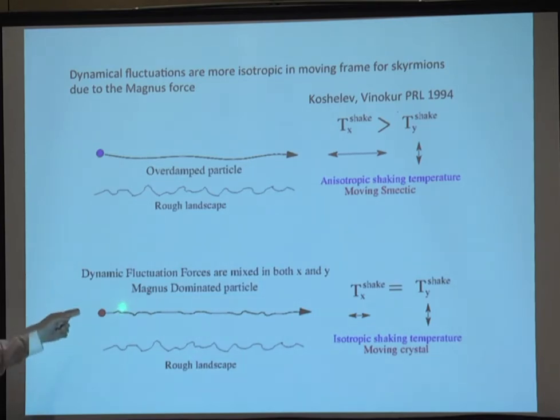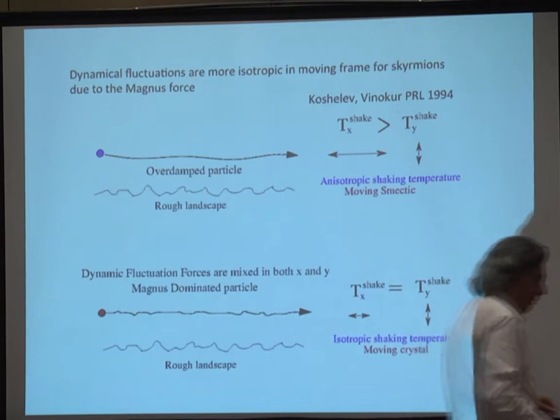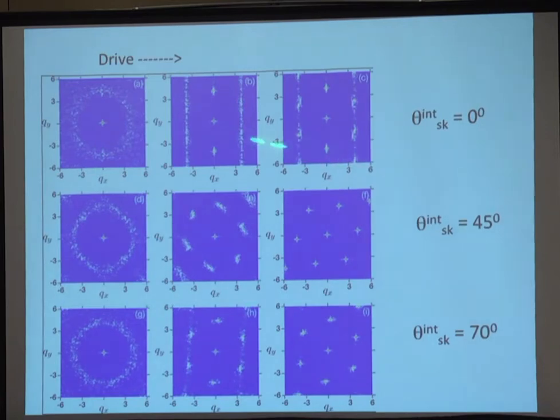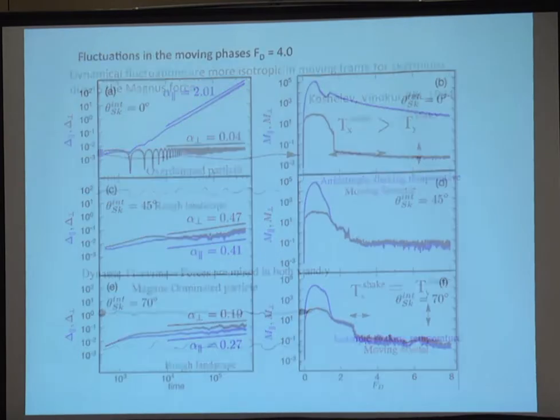On the other hand, in the Magnus-dominated case, you will feel forces in the direction that you're moving, but the Magnus term will now create velocity components that are perpendicular. So your fluctuations are much more isotropic in the moving state of the skyrmion case than the overdamped case. So that's why you don't have the moving smectic, you only have the moving crystal.